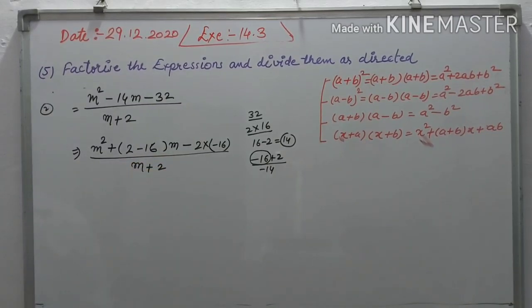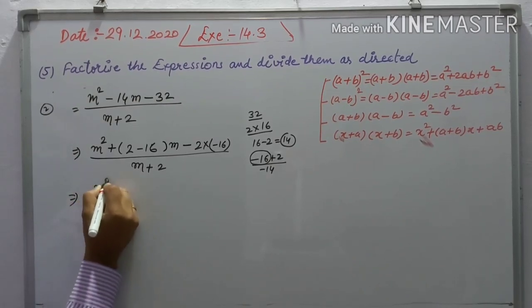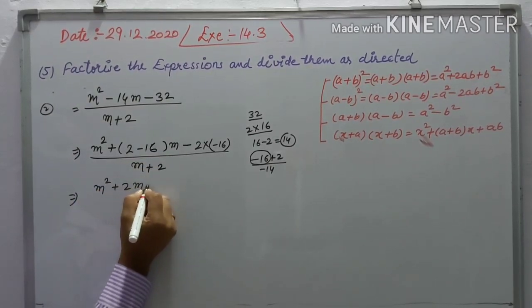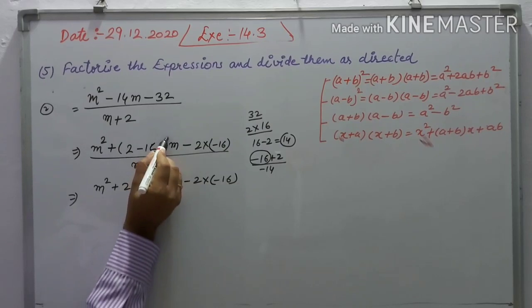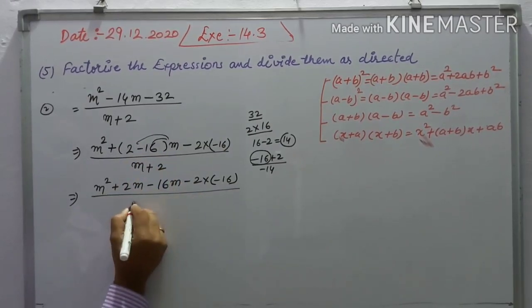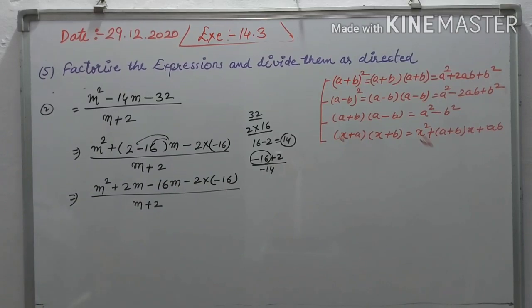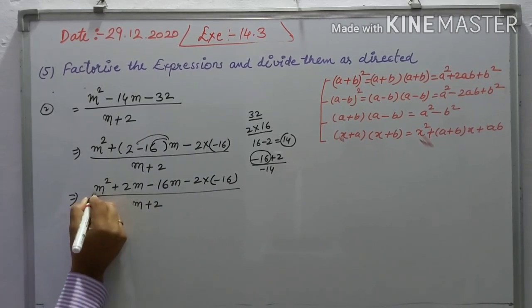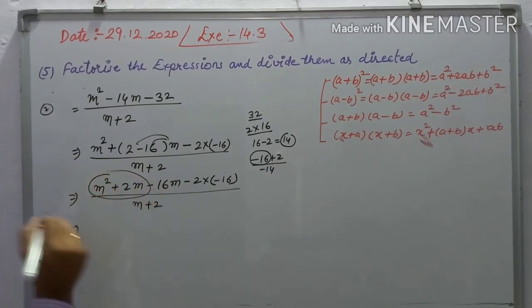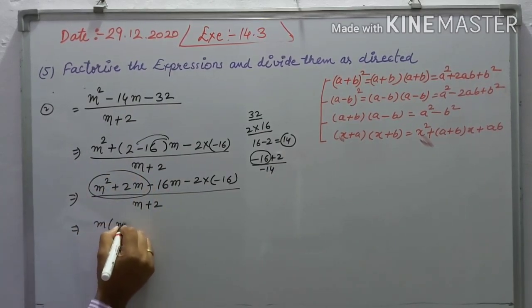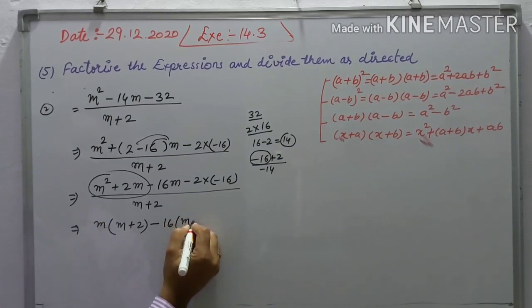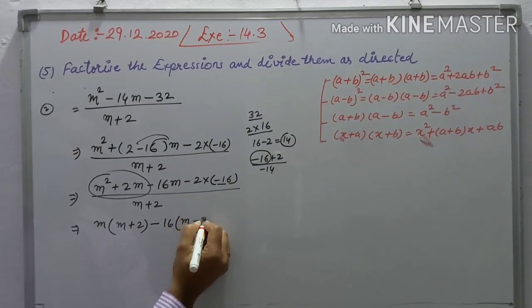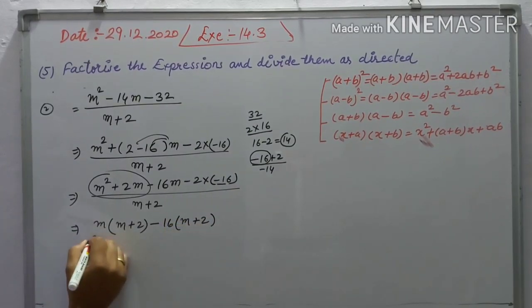Okay, now m square plus, open the bracket, 2m minus 16m minus 2 into 16 after multiplication upon m plus 2. Okay, now in the first two terms m is common, the remaining is m plus 2 only, minus, here there are two terms, 16 is common, that is m plus 2, minus will be common.